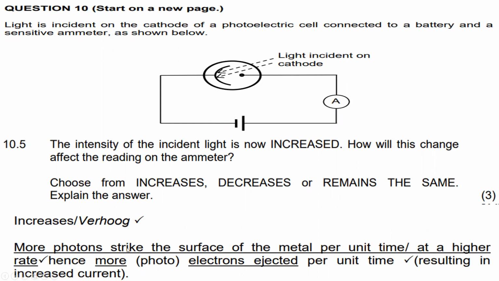Why? More photons strike the surface of the metal per unit time at a higher rate. So with more photons, more electrons will come. If more electrons are coming, the current increases. So when intensity increases, current will increase.